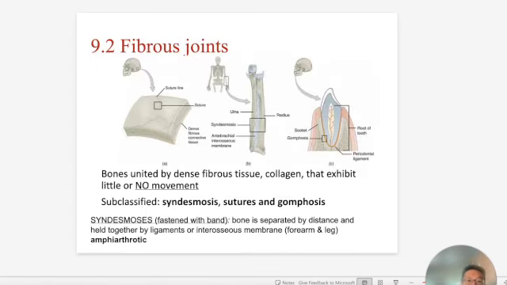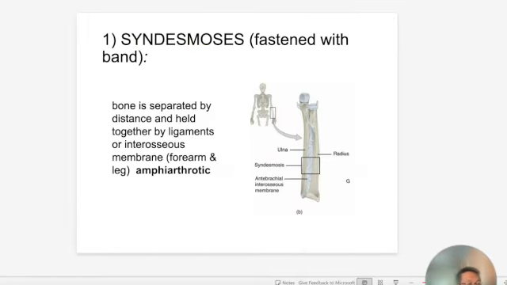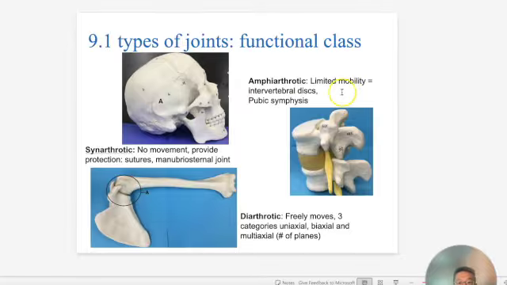The first class of classification is the fibrous joints. Fibrous joints also have three classifications: syndesmosis, sutures, and gomphosis. The syndesmosis is fibrous, but it is amphiarthrotic. Remember, amphiarthrotic is limited mobility.